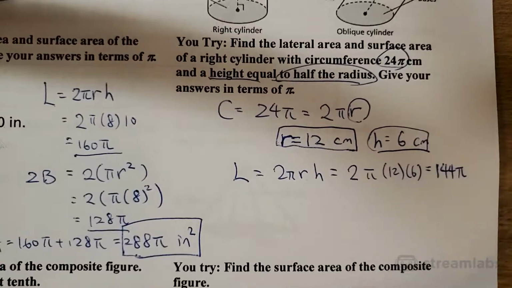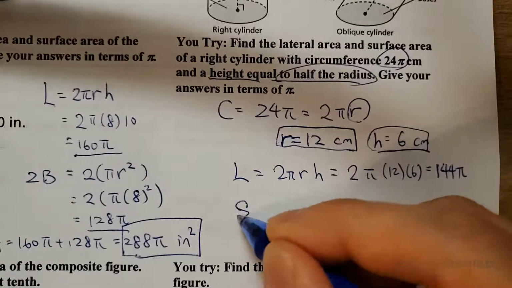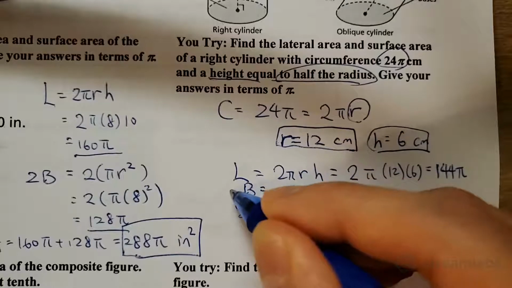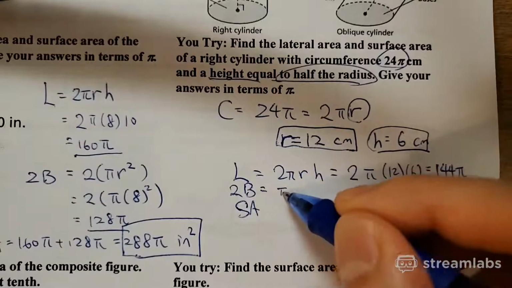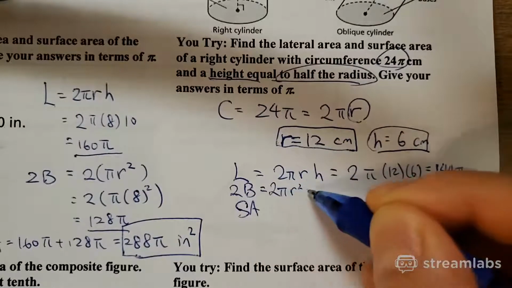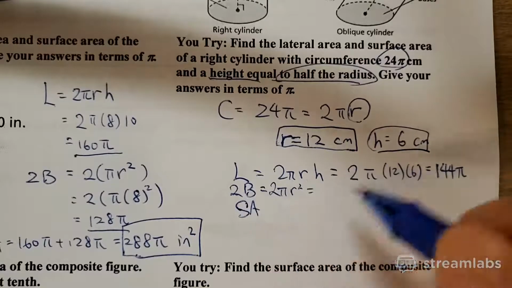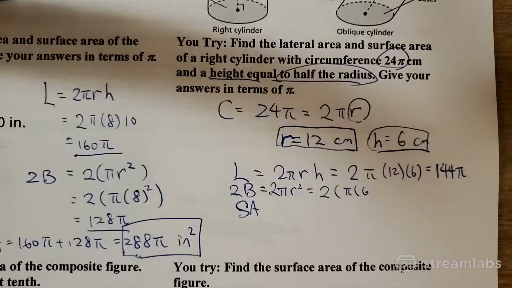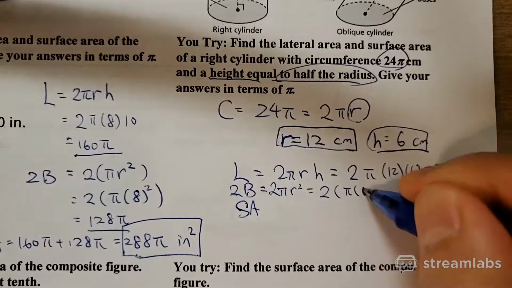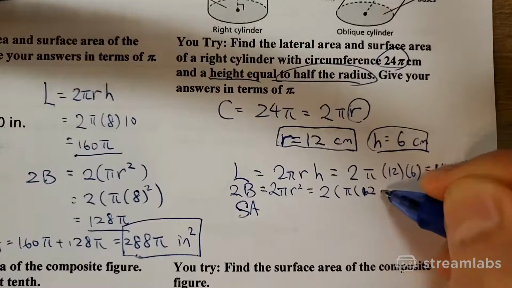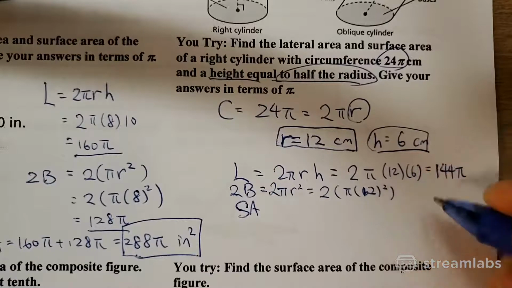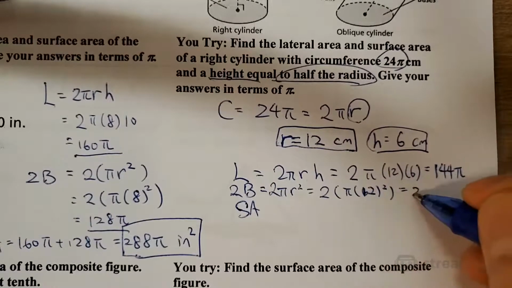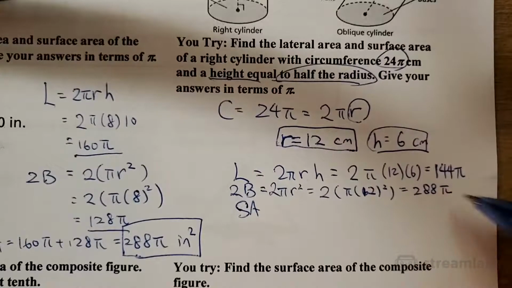Then you do your whole surface area, or sorry, you do your base first, 2 bases. 2 bases will be pi r squared times 2. So 2 times pi times 12 squared, that's 288 pi.